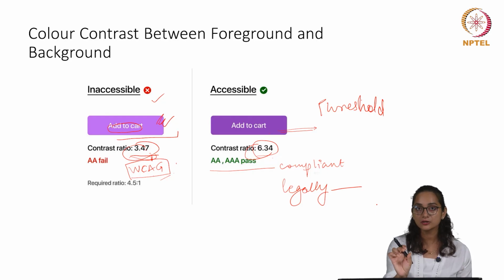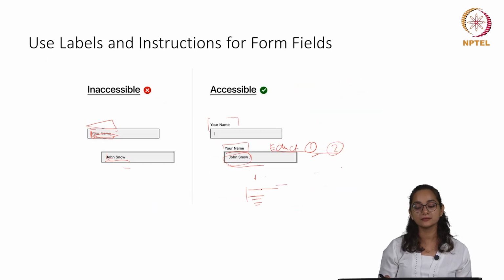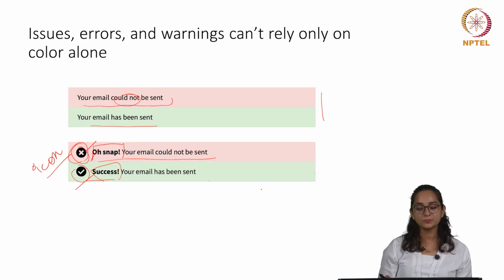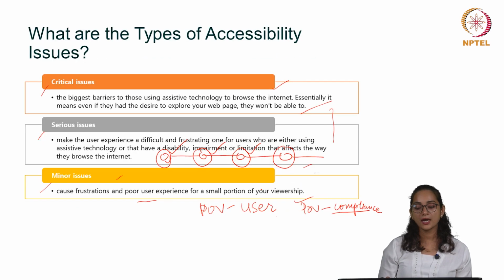So that means that for a smaller percentage it is impacting, but compliance wise this is non-compliant and this is compliant. So legal impact is higher in this case. So all of these aspects we can look at, in order to make our interfaces more accessible.